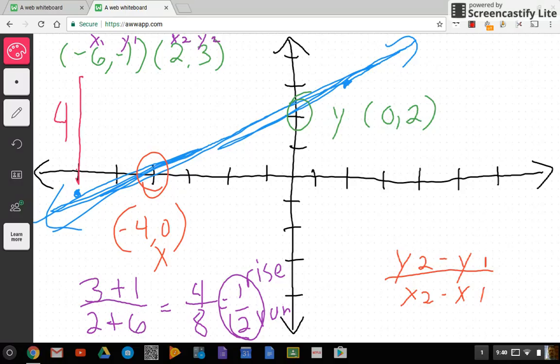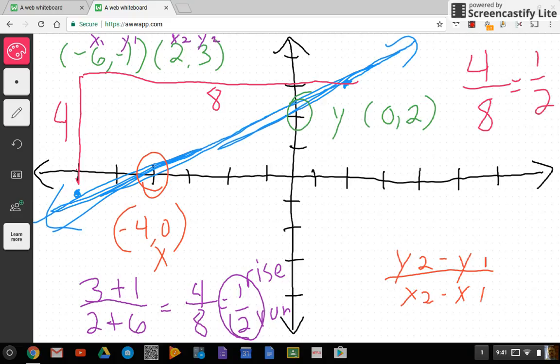And my run would be back this way. So that would be 1, 2, 3, 4, 5, 6, 7, or I'm sorry, 8. I miscounted. It would be 8. So it's always rise over run. So 4 over 8, which is equal to 1/2. It should always check out that way.